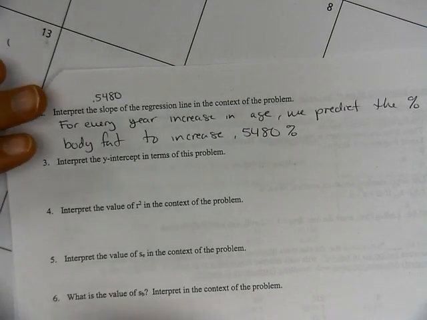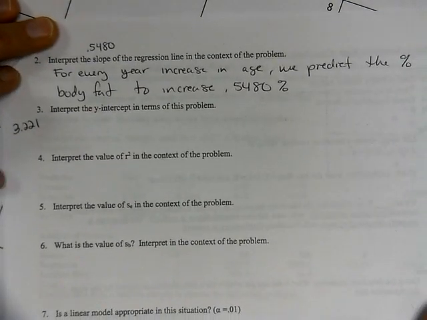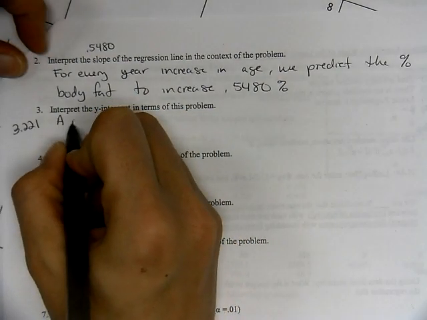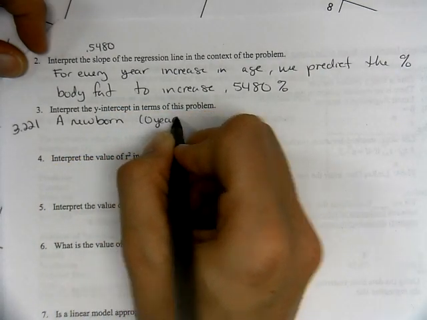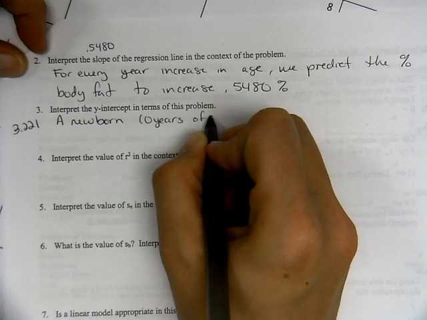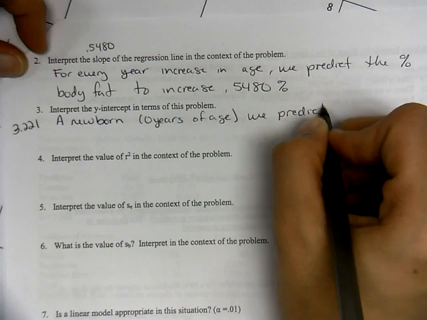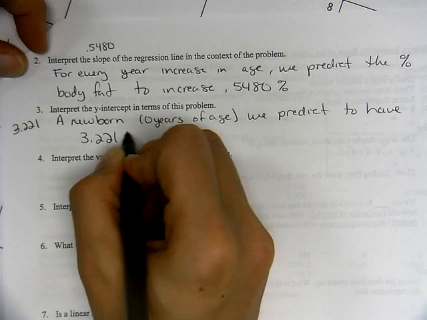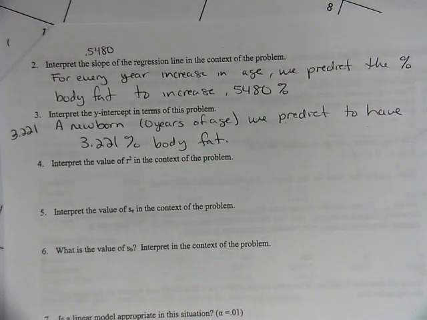Y-intercept here was 3.221. So remember, that's when x is 0. So when your age is 0, a newborn, you could put in parentheses 0 years of age, we predict to have 3.221% body fat, which is so not true.